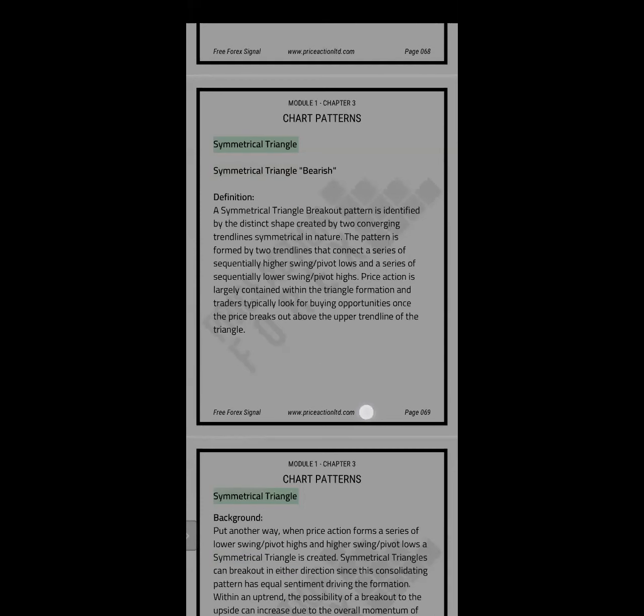Price action is largely contained within the triangle formation, and traders typically look for buying opportunities once they break out above the upper trend line of the triangle. All right, this is just talking about the symmetrical triangle.